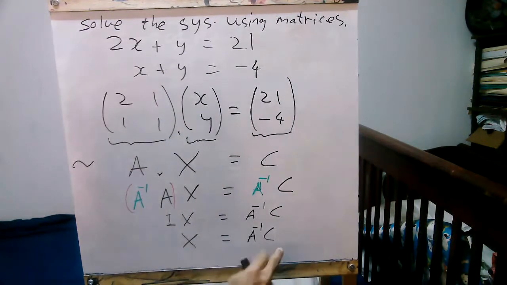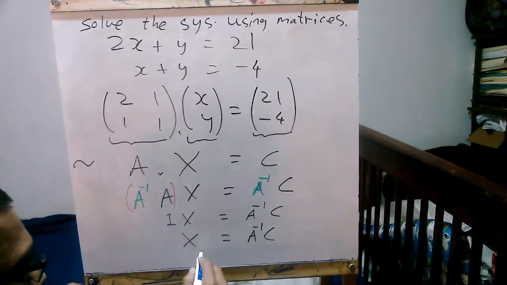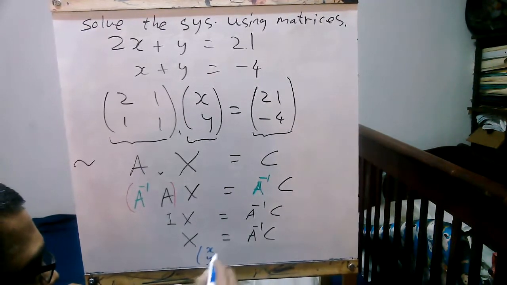We have X, and on the other side we have the constant vector. This X means X comma Y, a column vector XY.